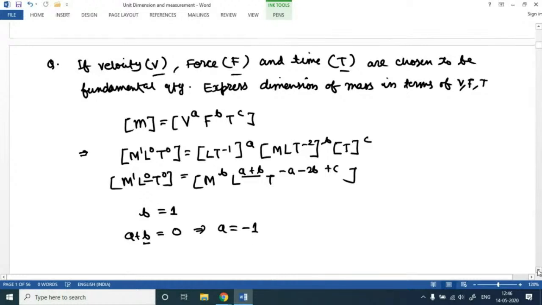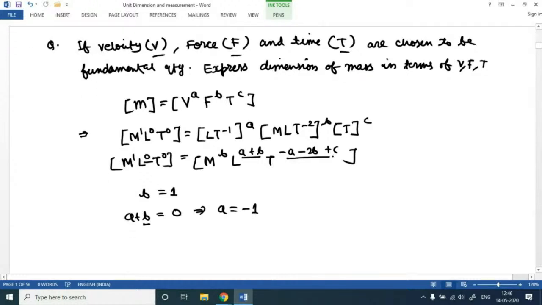Comparing the exponent of T, we get minus a minus 2b plus c is equal to 0. We already know the values of a and b, so solving that, you will get the value of c as 1.